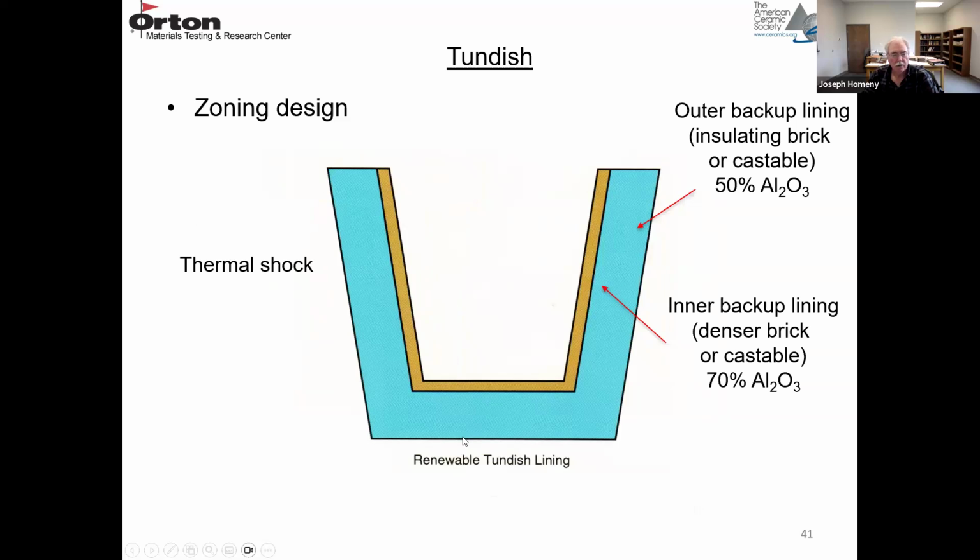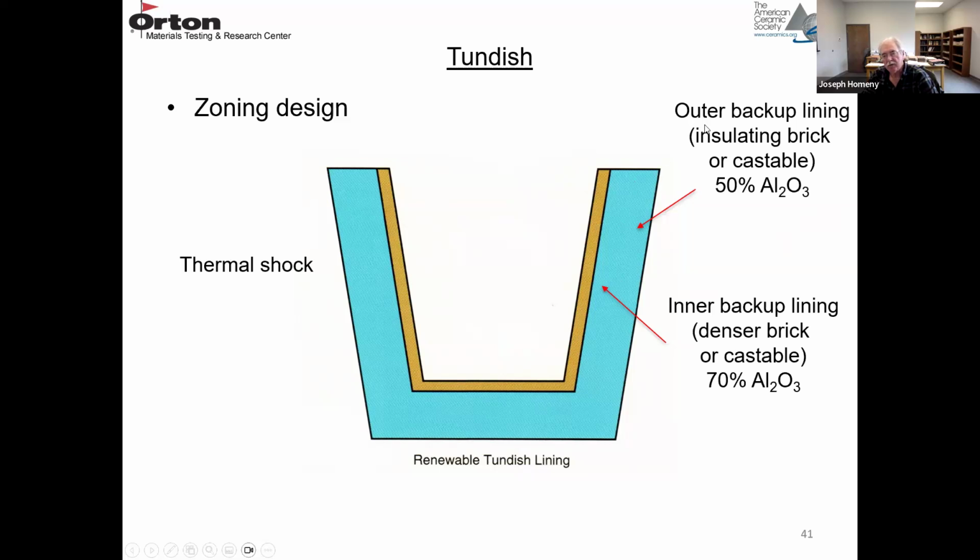And then the tundish itself has a renewable lining. So there's basically a thermal shock issue here. They're not worried too much about corrosion because the lining is renewable. So there's an outer backup lining, usually an insulating brick or castable, high alumina, 50% alumina.